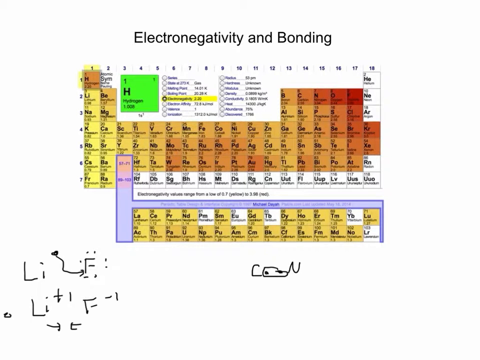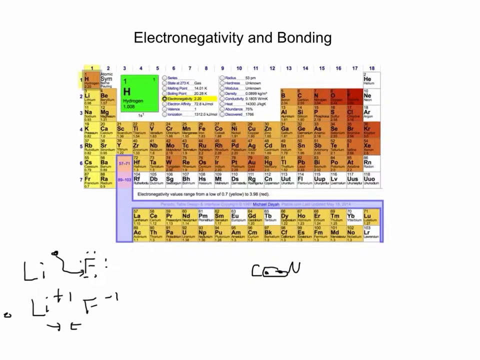We can also have one more case. What if we have two nonmetals, such as fluorine and hydrogen, where the electronegativities are very different, but it's not enough to create an ionic bond?